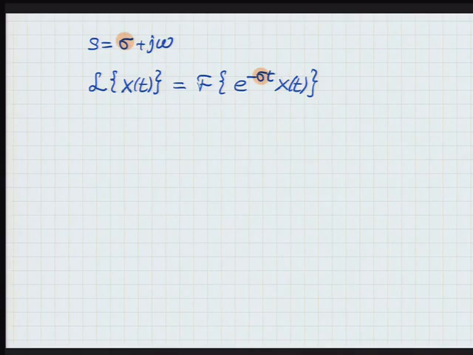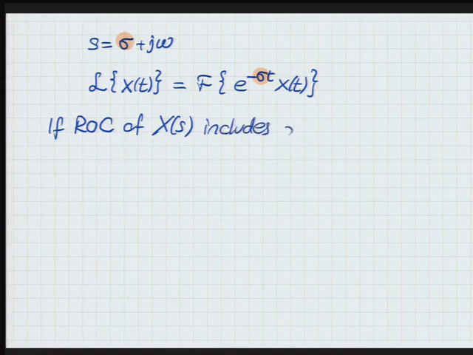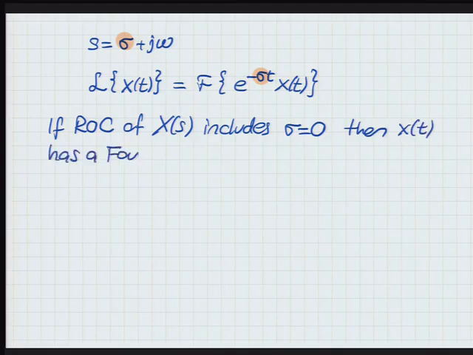All right, so if the ROC of X of s includes sigma equal to 0, that means the Fourier integral itself converges, because then this e to the negative sigma t term is just 1, right? Then x of t has a well-defined Fourier transform.